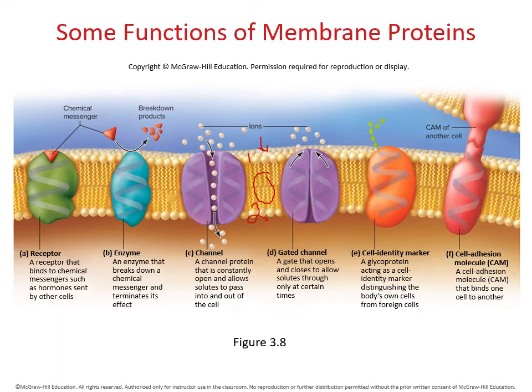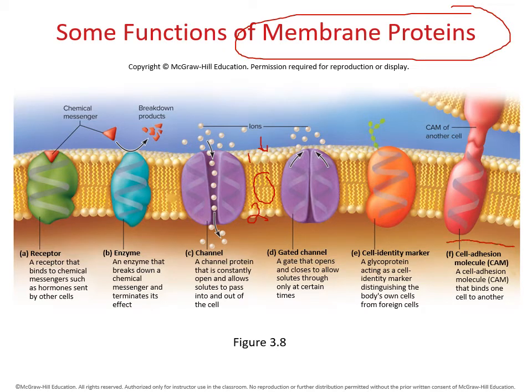Mosaic means that it's made out of different components. And what that really entails is that within the plasma membrane, within all those phospholipids, you will have lots of different proteins that will be embedded within it. And these proteins will have different functions. So here are just a few of them.